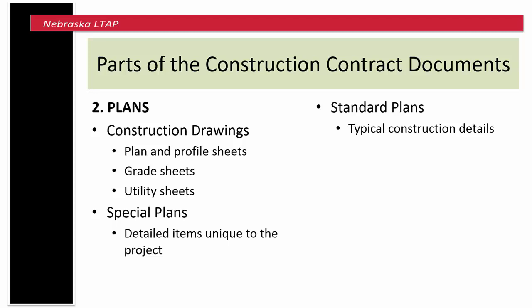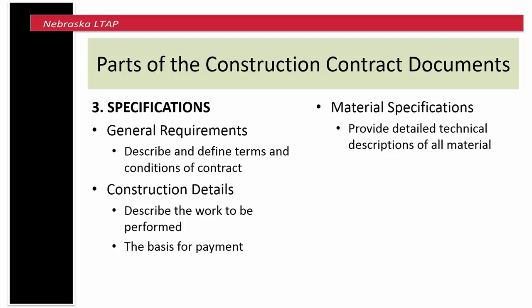This part of the construction contract is what we will focus on today. And the third part of the contract documents are the specifications. The specifications include the general requirements, the construction details, and the material specifications.